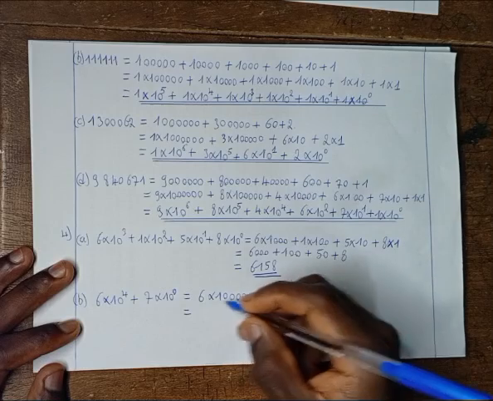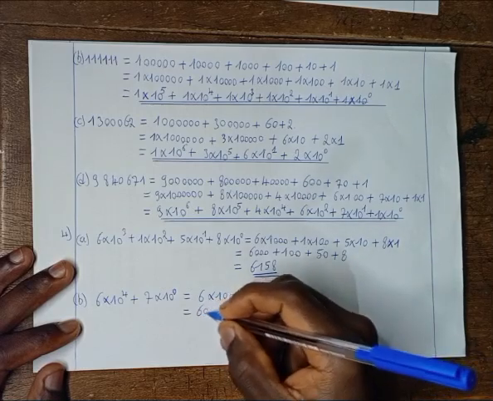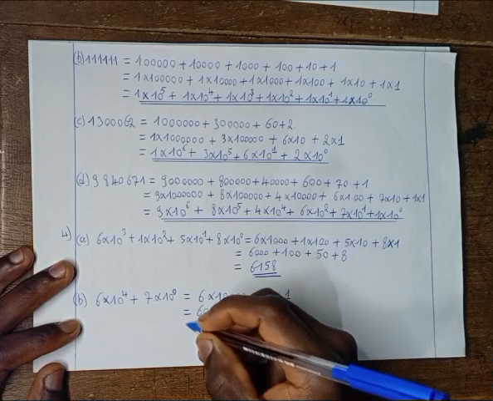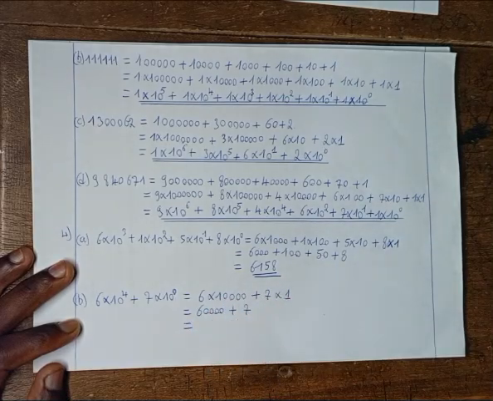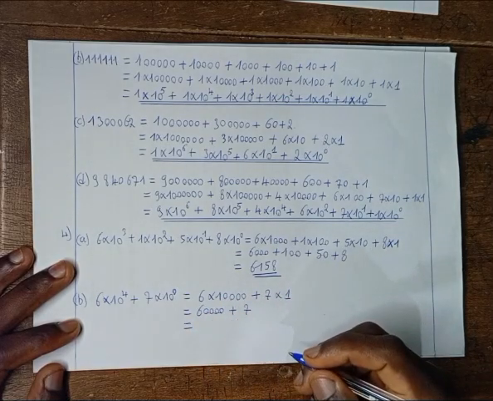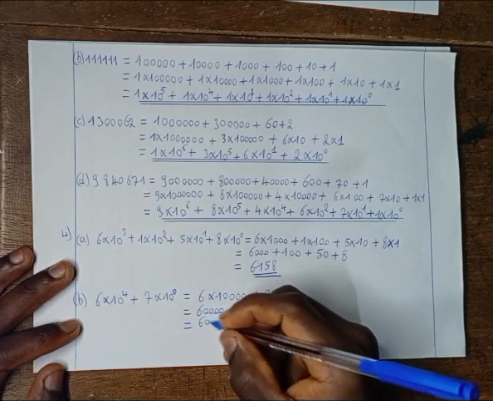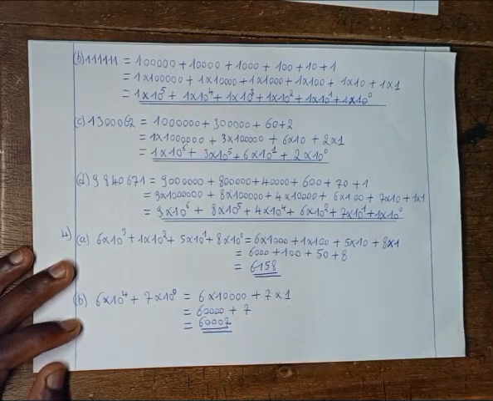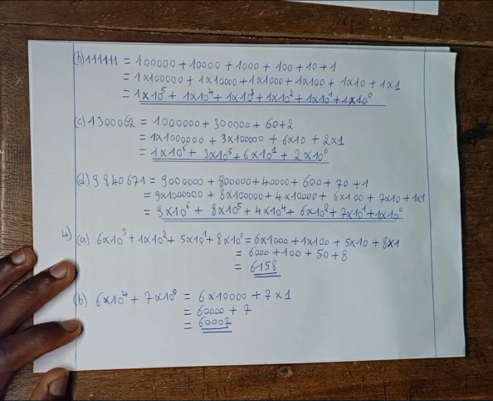So this will give us 6 times 10,000 will give us 60,000, plus 7 times 1 will give us 7. So if we add 60,000 plus 7, we are simply going to obtain 60,007. This is the result. We are done.